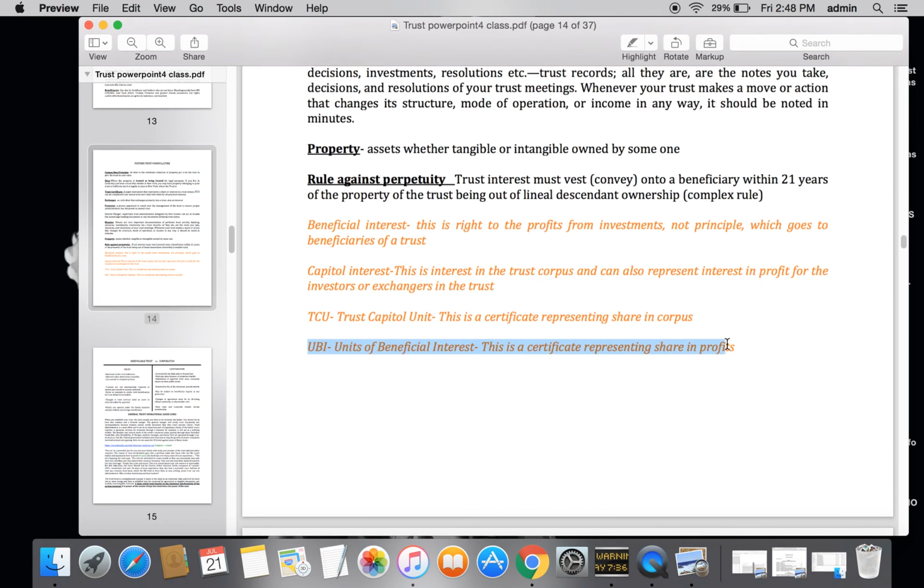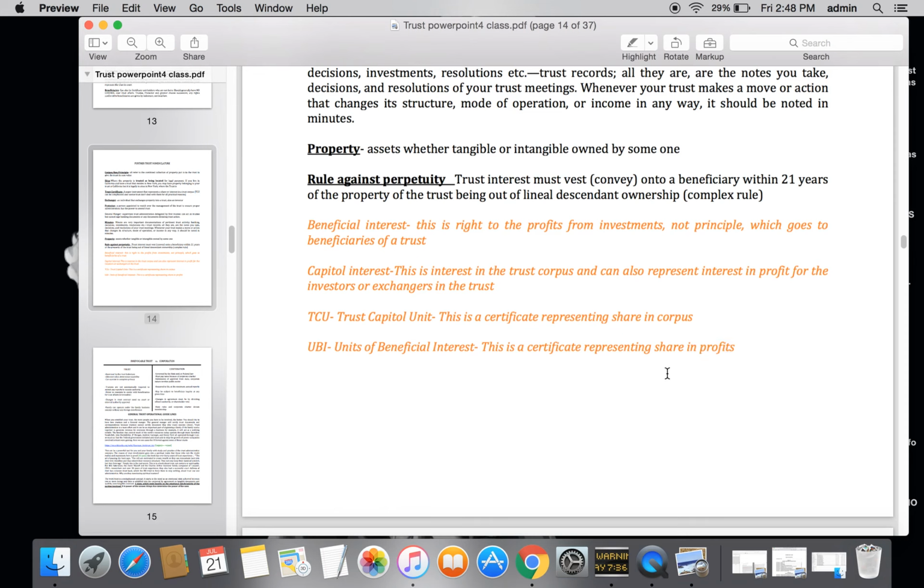Units of beneficial interest. This is a certificate representing a share in profits. The difference here is corpus and profit. Corpus again is the full body of the trust. Profits are the capital raised as a result of investment.